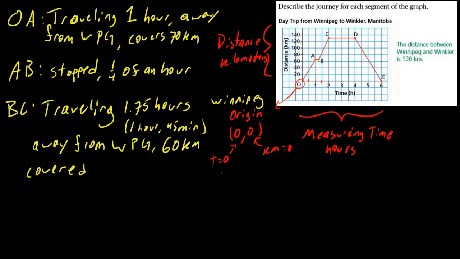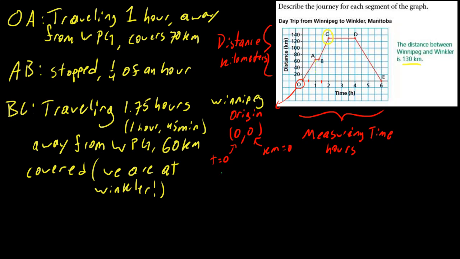I believe at this point at C, we should be at Winkler, since the distance between Winnipeg and Winkler is 130 kilometers, and that's where we're at right now. We are at Winkler. So that's B to C. We drove getting away from Winnipeg, but now we've reached our destination.